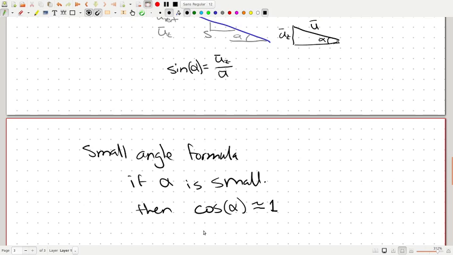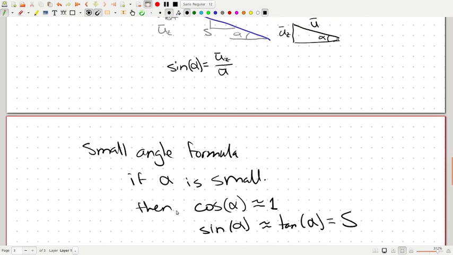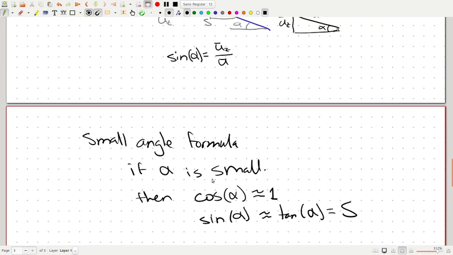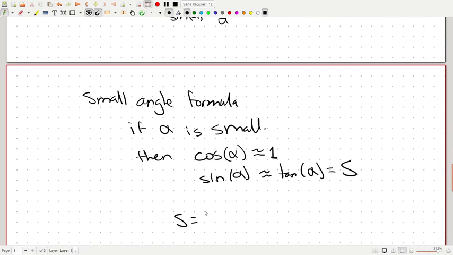And also that sine alpha is approximately tan alpha, and tangent of alpha is just equal to the slope. Let me rewrite that so it looks better. There we are. Is equal to the slope. So then I can pop the slope into this equation and say that the slope is just equal to, scrolling up, u bar sub z at the top over u bar. And therefore, u bar sub z is just equal to u bar times the slope.